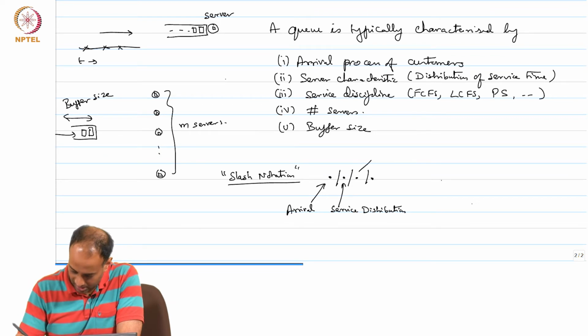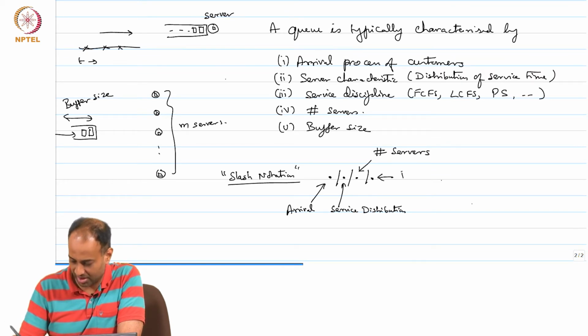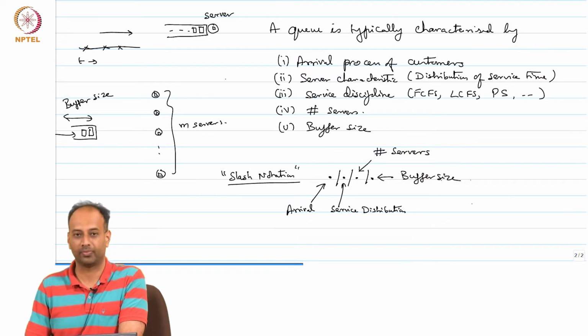The third one is the number of servers, and the fourth is the buffer size.